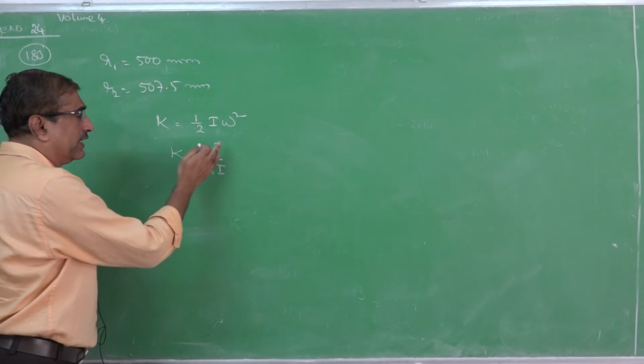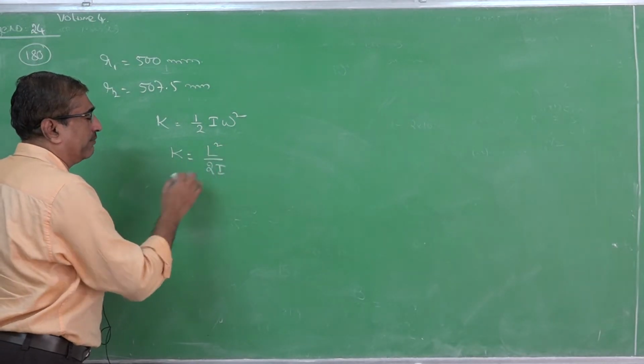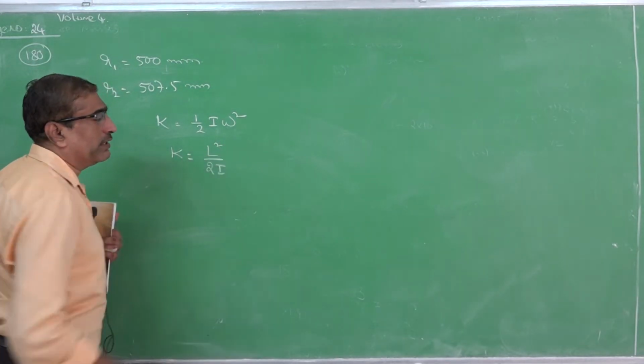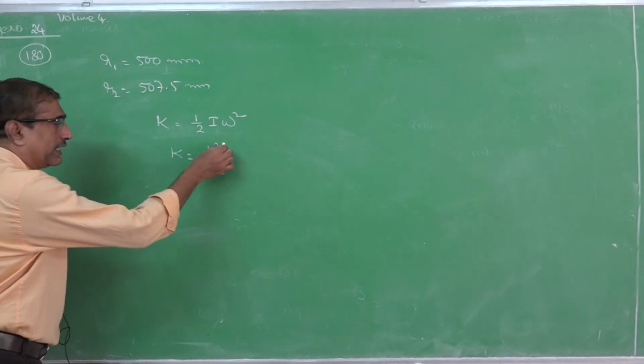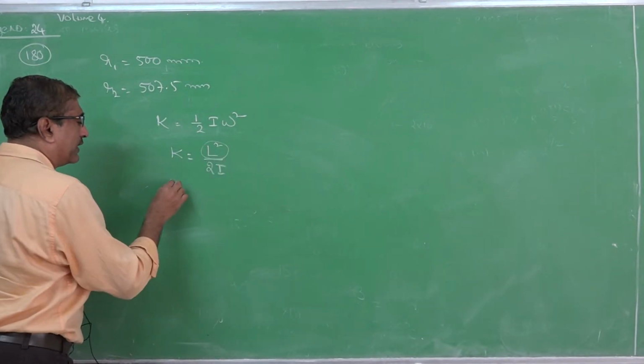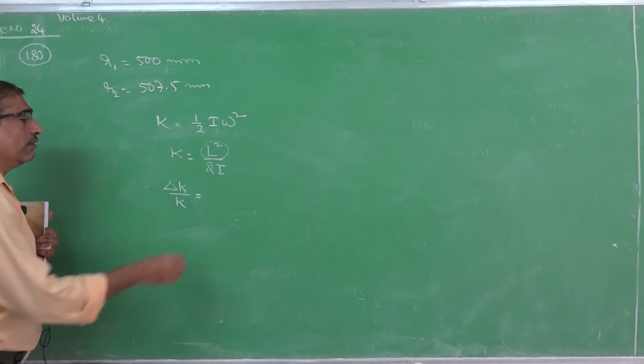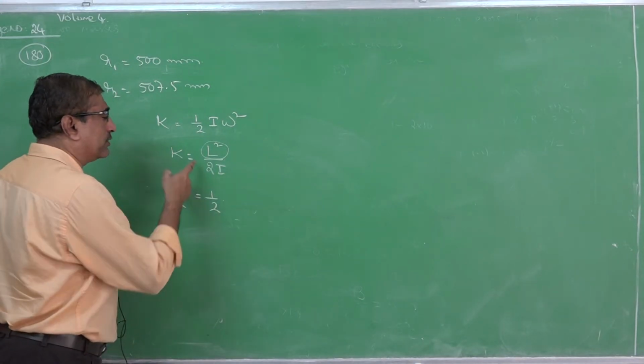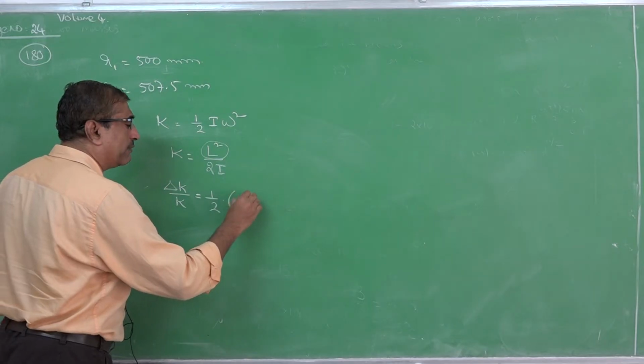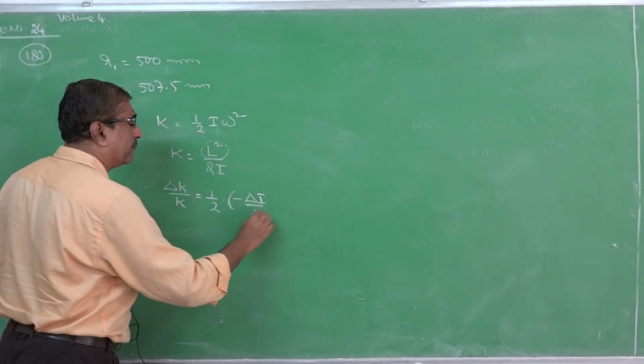Here the angular momentum of the system remains constant. So if we take L as constant, delta K by K is equal to minus delta I by I.